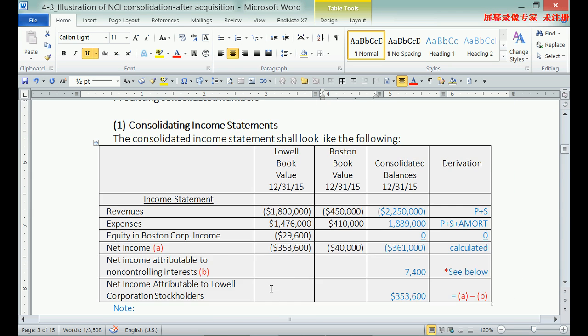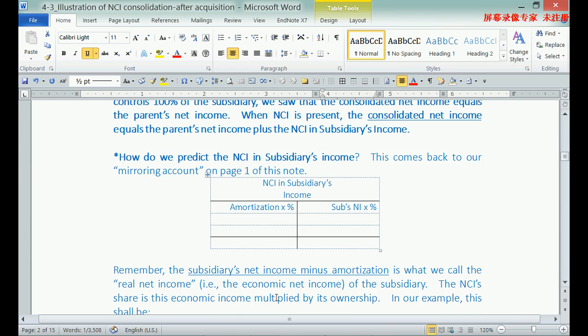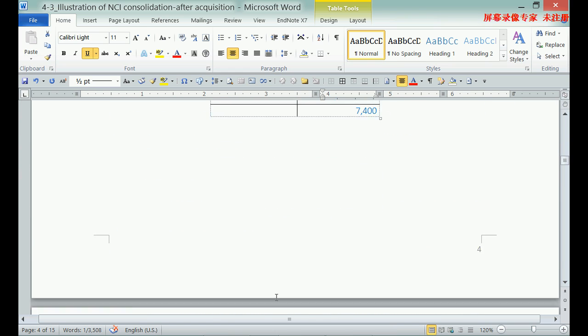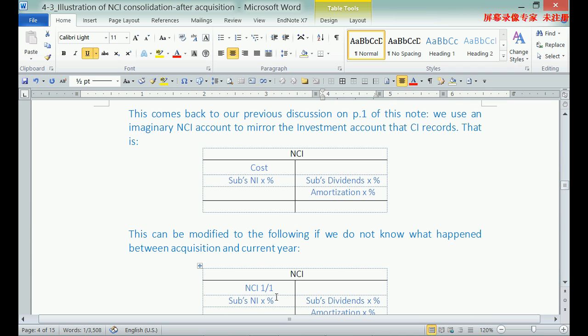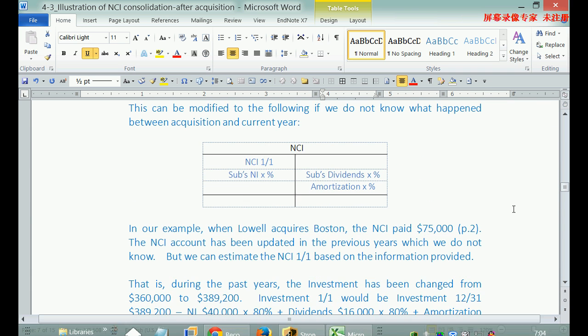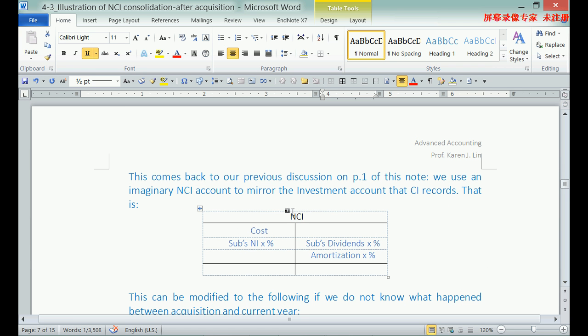Basically, how I'm going to predict the number is on the note. If I look at the note, this is page 7, I show that the NCI basically mirrors the CI's investment account. So it starts with the cost, adding the net income minus dividend minus amortization multiplied by 20%.